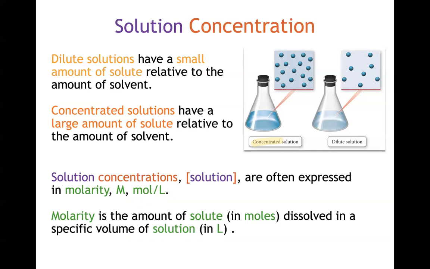You have a relatively small amount of solute relative to the solvent, whereas in concentrated solutions, you have a larger amount of solute relative to the amount of solvent, right? And brackets typically are used to indicate the concentration of a solution.